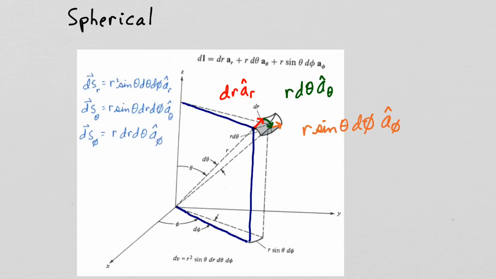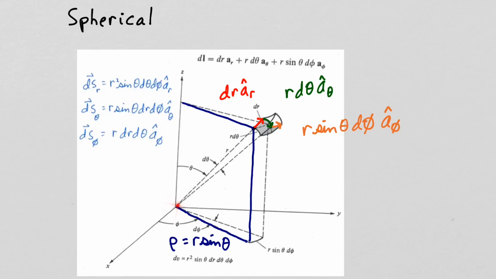When we change phi, we're not sweeping at a radius of r, but we're sweeping at a radius of rho. This length and this length are both rho of our cylindrical coordinate system. If you look at this right triangle, the hypotenuse is r, so this length here will be r times the sine of theta.